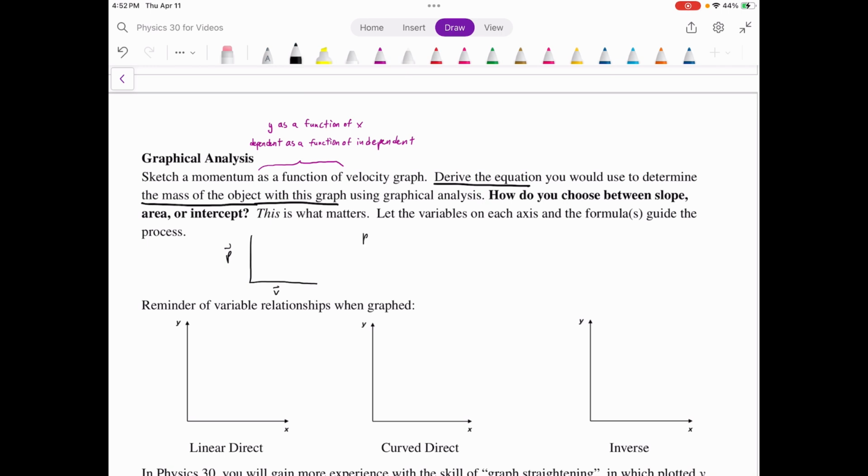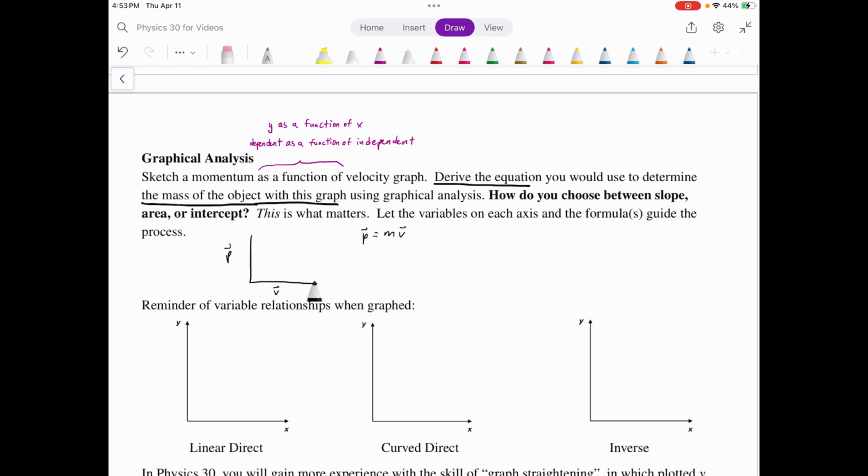Well, the equation tells us. The equation is just the relationship. It shows us how momentum is related to velocity, right? So we can ask ourselves here, first things first, when velocity increases, what's going to happen to momentum? Let the equation tell you. You don't have to guess, right? If this goes up, what happens to my answer? Do I get a bigger answer or a smaller answer? I get a bigger answer, right? So there's one thing.